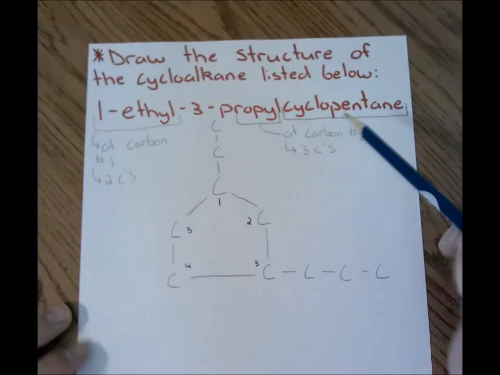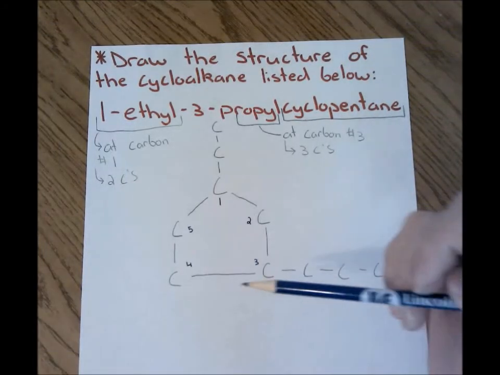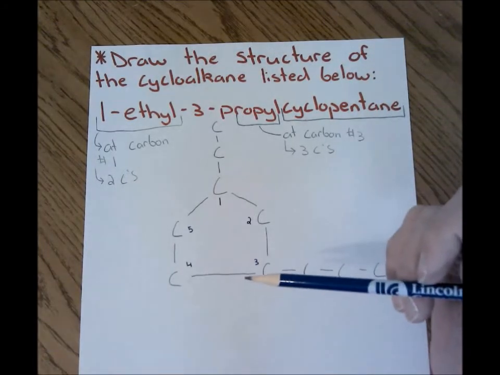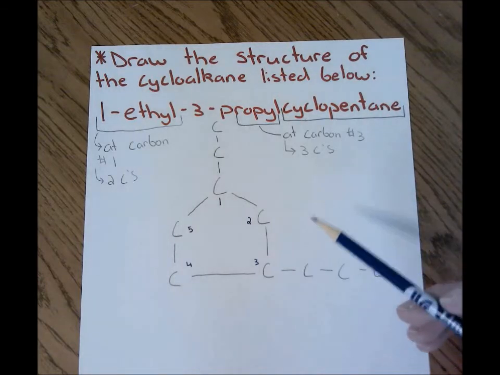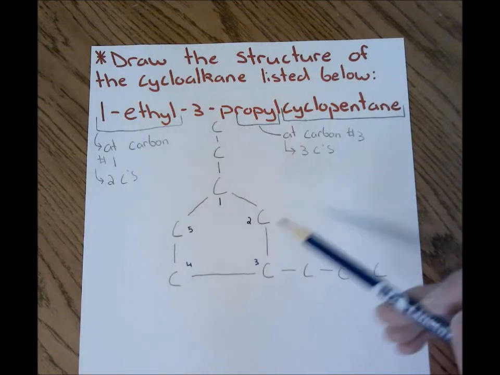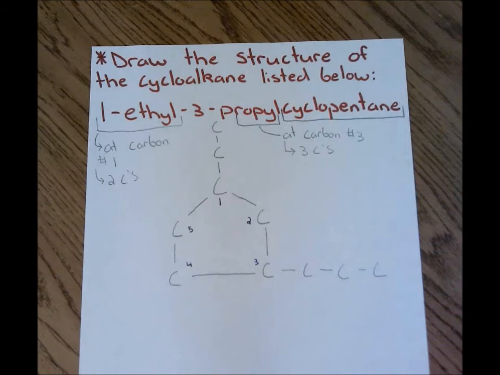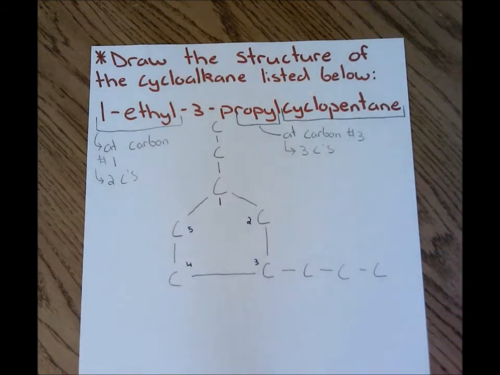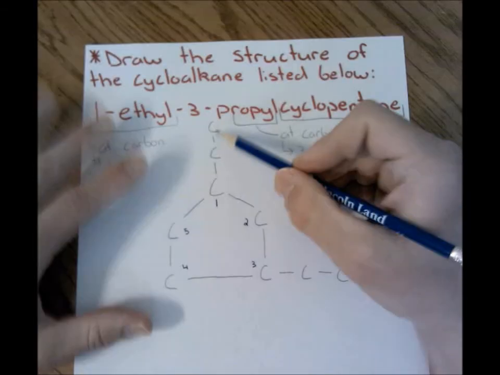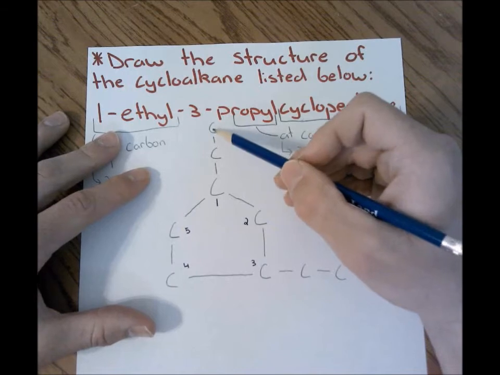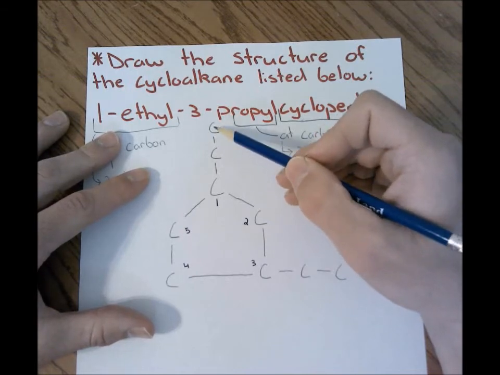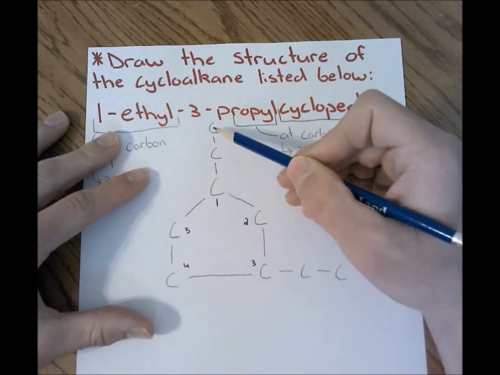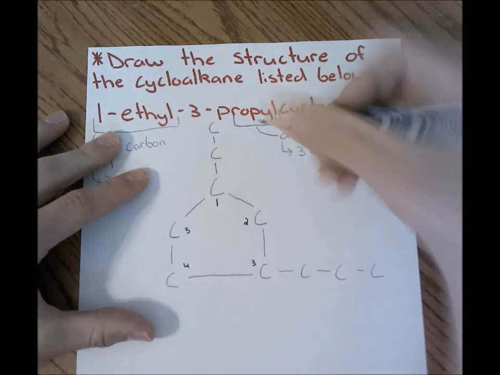I'm going to start up in the very top portion of my problem here, and I have this carbon from my 1-ethyl group. This carbon has 1 attachment. It needs 3 more, so it gets 3 H's. This carbon here in the middle has 2 attachments from those covalent bonds.